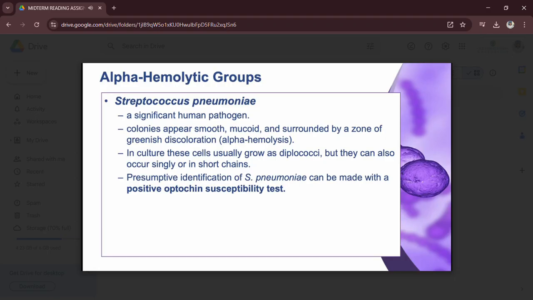Not just the lungs, but also the sinuses or even the middle ear. Virulent strains of this organism are covered with a polysaccharide capsule. Presumptive identification of S. pneumoniae can be made with a positive optochin susceptibility test.